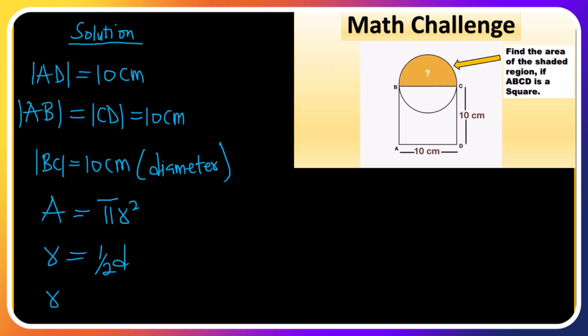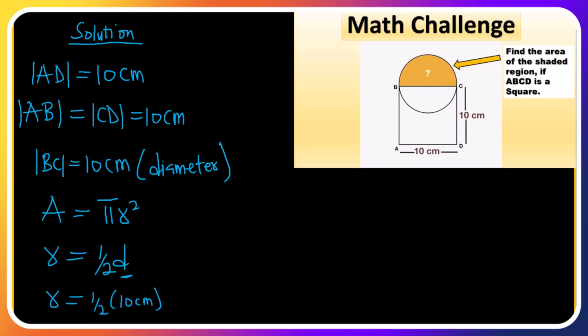So r is equal to half the diameter, which was given to be 10 centimeters. So r, half of 10, gives us 5 centimeters.